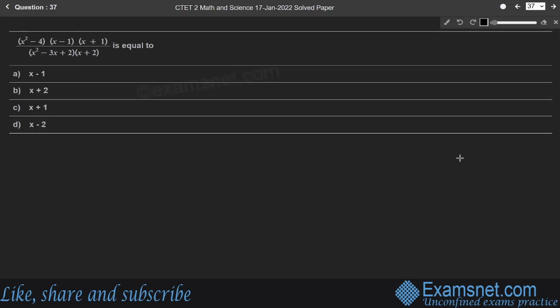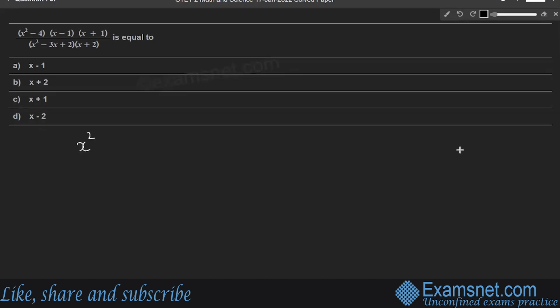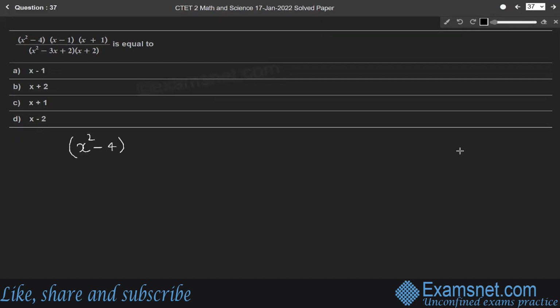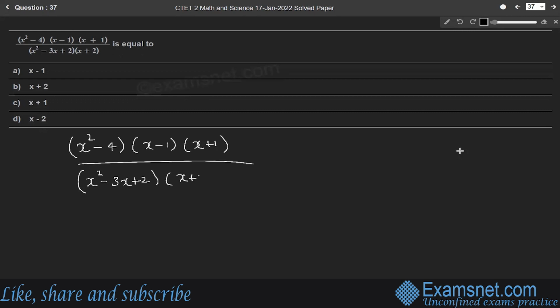Question 37. (x square minus 4) into (x minus 1) into (x plus 1), whole divided by (x square minus 3x plus 2) into (x plus 2) is equal to. So, given expression (x square minus 4) into (x minus 1) into (x plus 1), whole divided by (x square minus 3x plus 2) into (x plus 2).